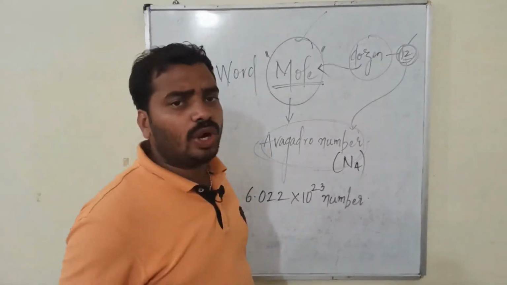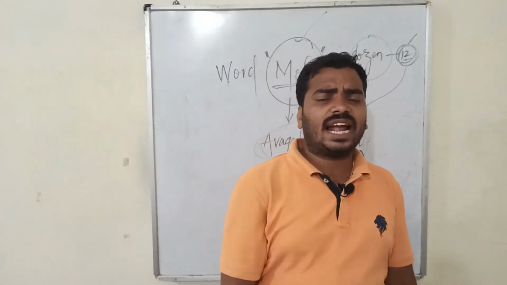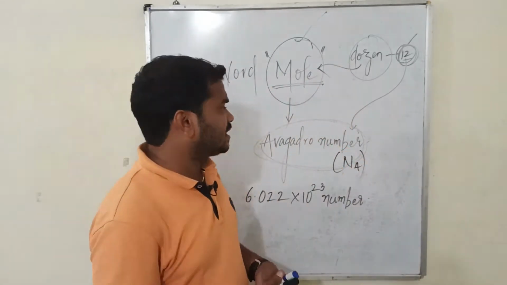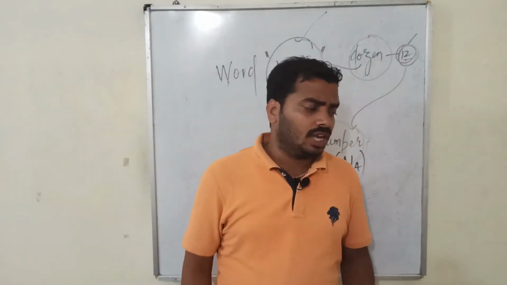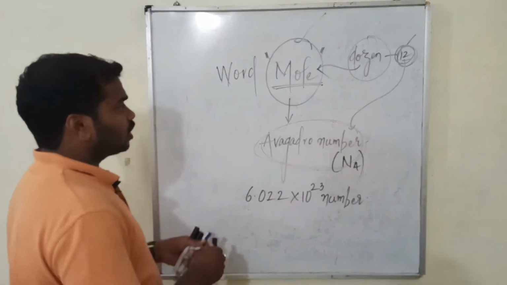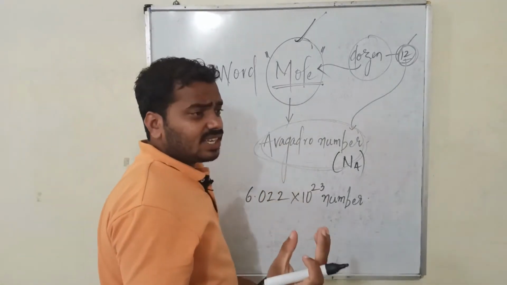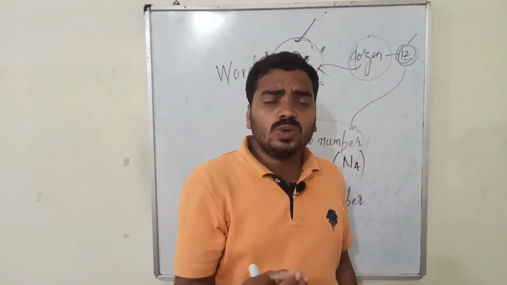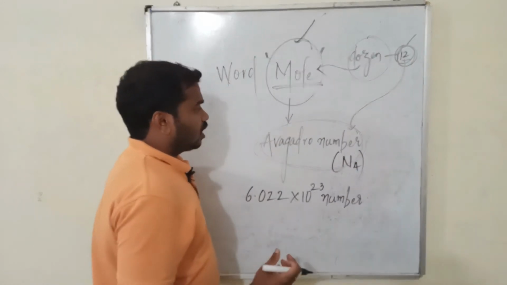Simply, you cannot count like this, but for your understanding, let me say what exactly this mole is. If I say 1 mole of HCl molecules, as I already told you, mole is a word established to count very small-scale molecules.